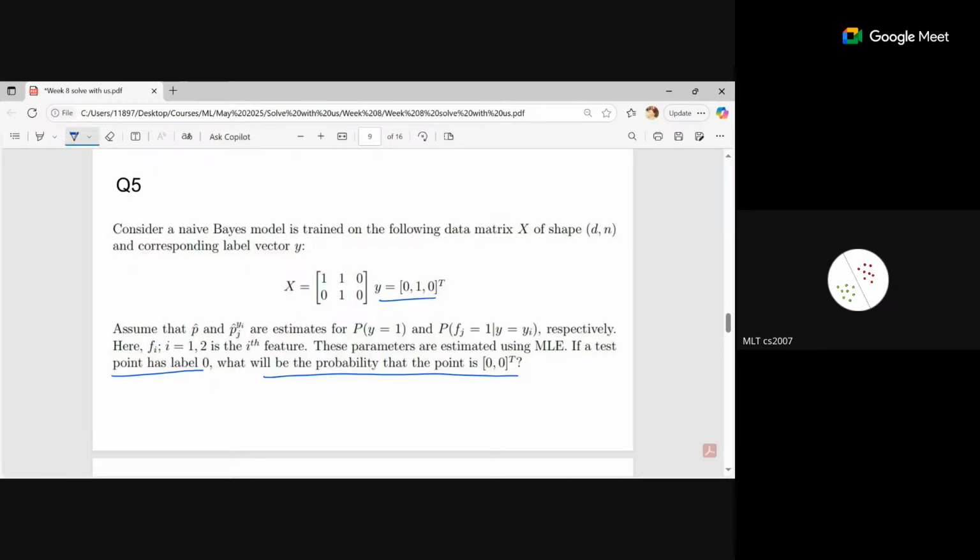So here what you have to compute is the probability that X test is equal to 0, 0, given that Y test is equal to 0.